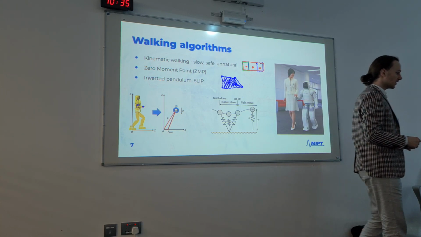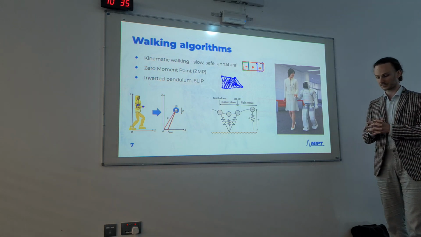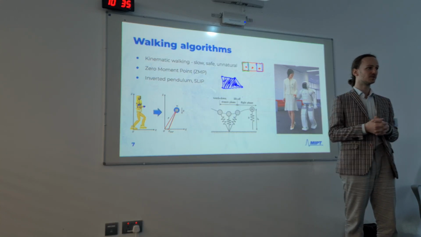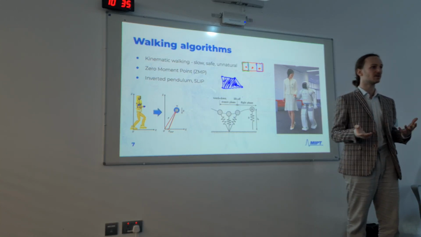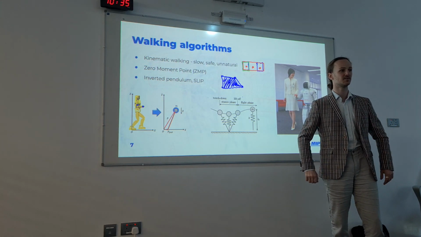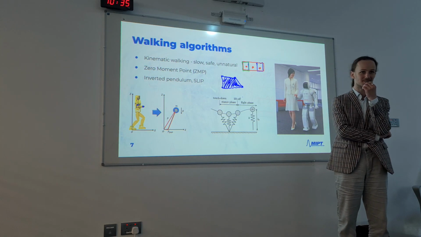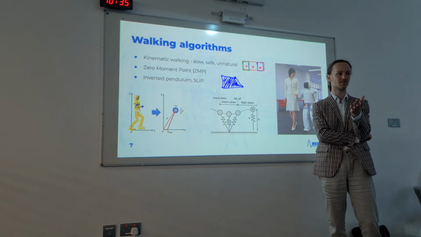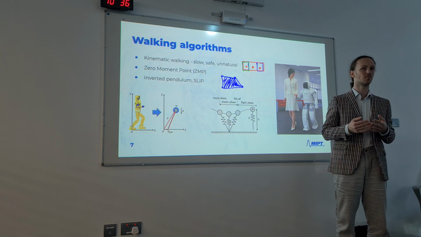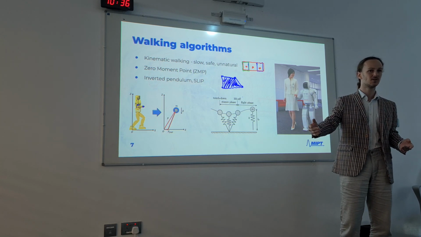And this leads to the first family of walking gaits, the first type of them, which is the kinematic gait or safe gait or the robotic walk. There is even a dance style of moving like a robot. And it has to resemble the slow and unnatural movements of the robots from the 90s to 2000s.